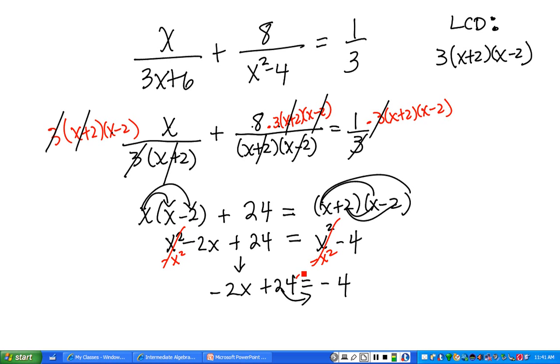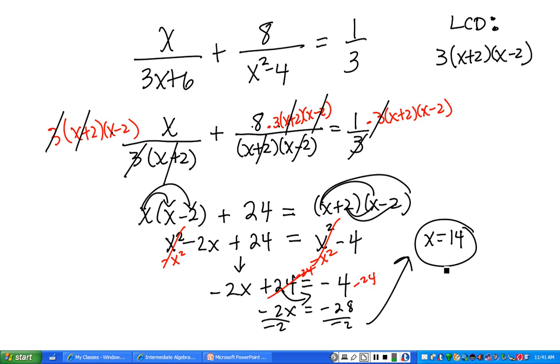So we subtract 24, that cancels, we get negative 2x equals negative 28, divide by negative 2, and we get x equals 14. Now this answer should not be an issue. If I plug it back into these denominators, it will not give me a 0. So therefore x equals 14 is the solution.